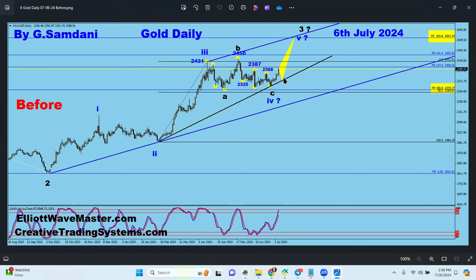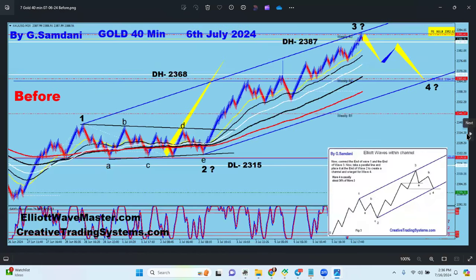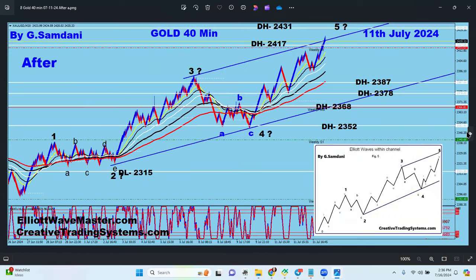So I said maybe wave 4 to the downside, and then wave 5, and so forth. I was expecting that down move for wave 4, and it came, and then wave 5 powerfully to the upside. This is 11 July, and we ended last week like that.